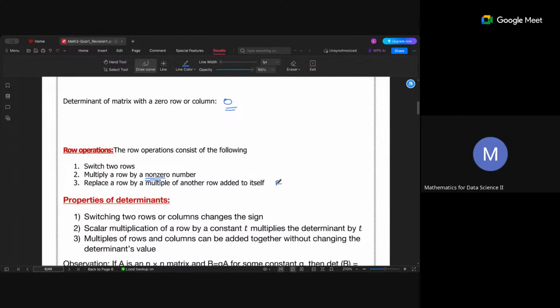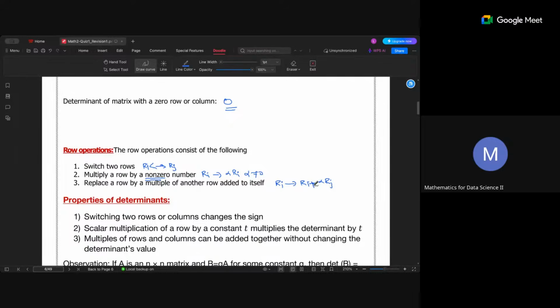For example, Ri replaced with Ri plus alpha times Rj. So this kind of operation is what is mentioned here. This is Ri replaced with alpha times Ri where alpha is non-zero. This is Ri switched with Rj. Okay, so these are the row operations we have.